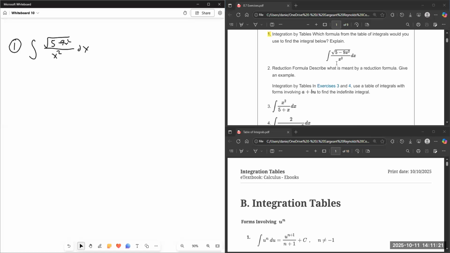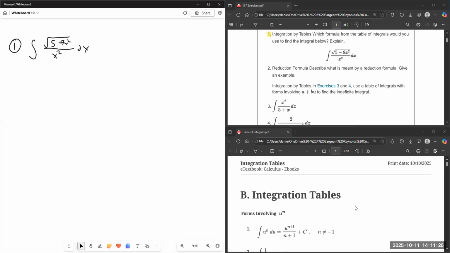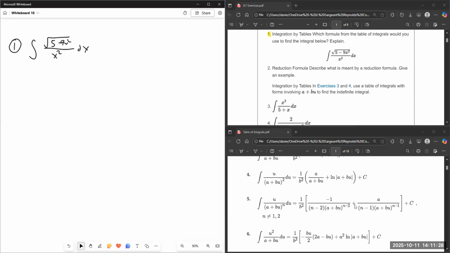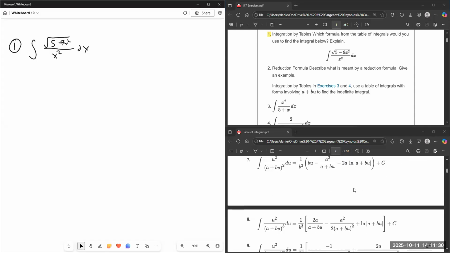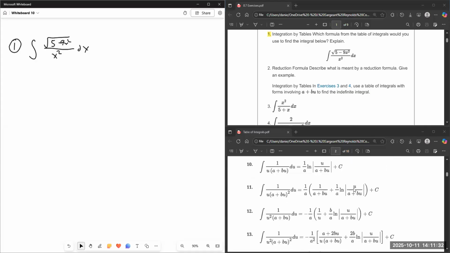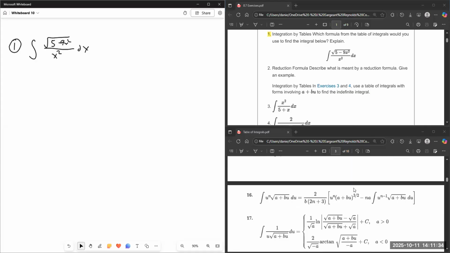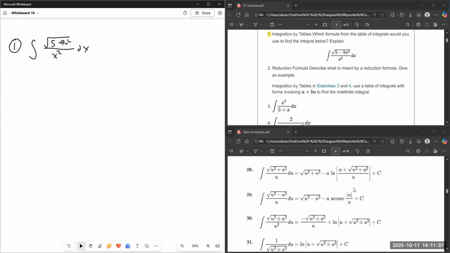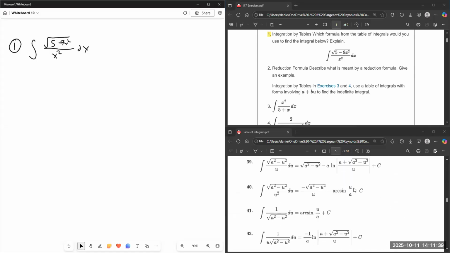So let's look for one that involves something like an a squared minus u squared inside of a square root sign. I've already done this, so I know I'm looking for table number 40 here.